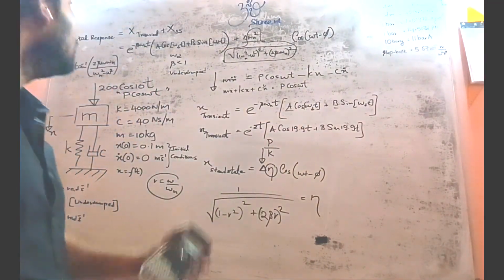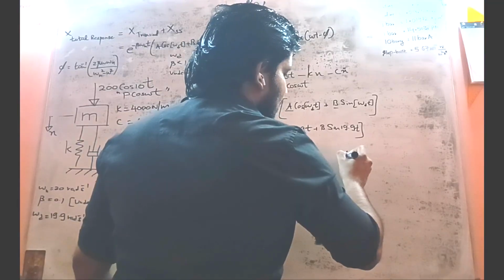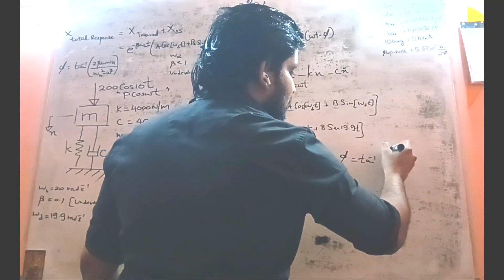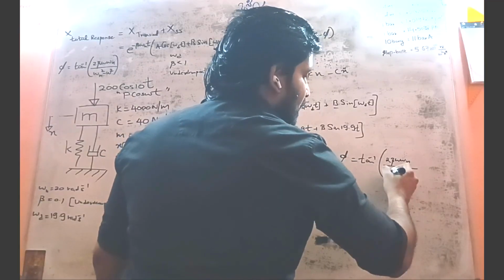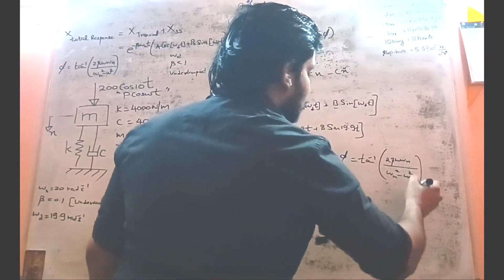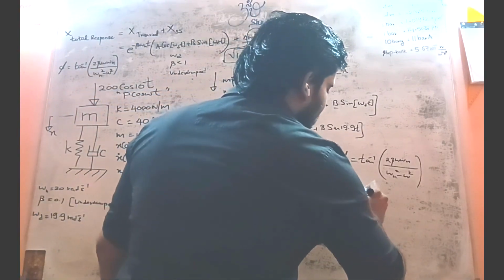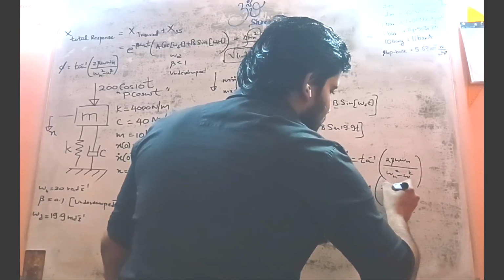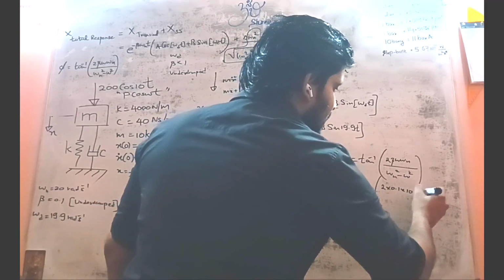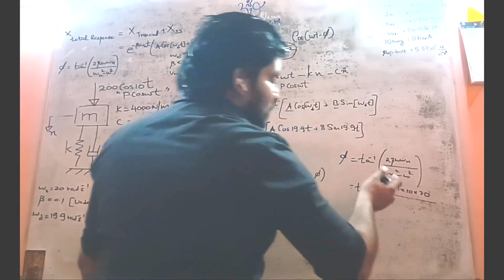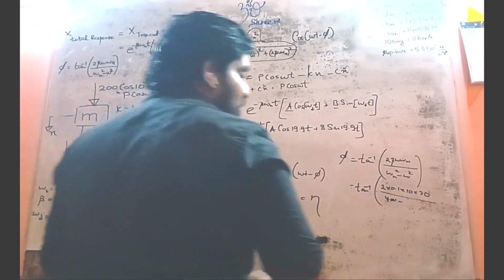The next thing is that we have to find the phase angle. What is phase angle alpha? Phase angle alpha is given by tan inverse of 2 beta omega omega n divided by omega n squared minus omega squared. So that will be tan inverse of twice beta, which is 0.1, omega is 10, natural frequency is 20, and 20 squared is 400, omega squared is 100.